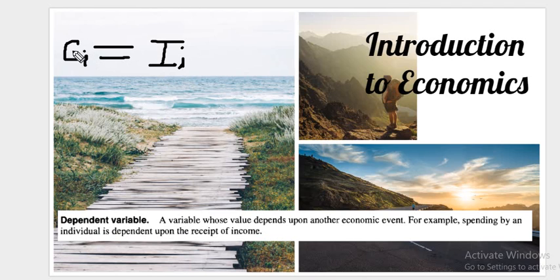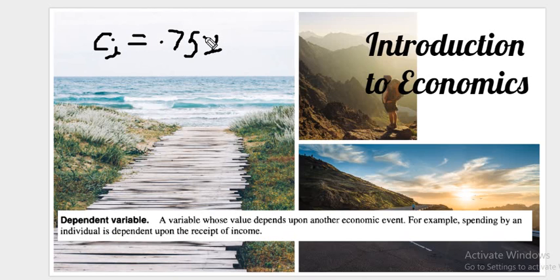Let's say we can represent it as something like C is equal to 0.75 I, which is income for our individual, and this becomes our equation. Are we not really talking about other factors, certain expenditures, unforeseen circumstances that person might encounter? Of course, but remember, in the previous lecture we talked about ceteris paribus.